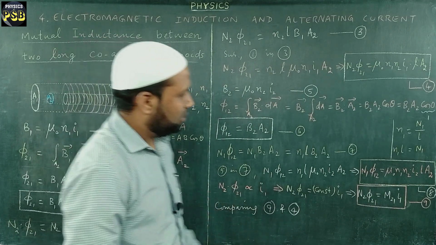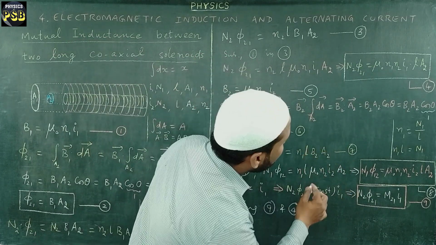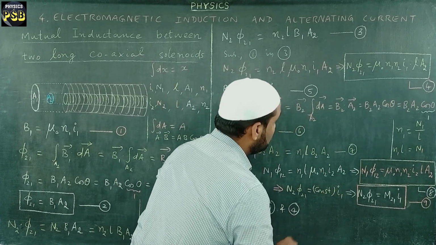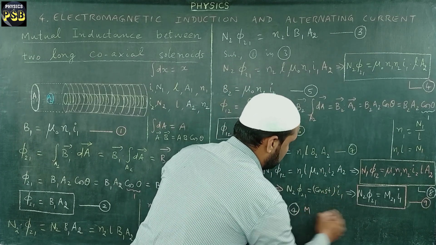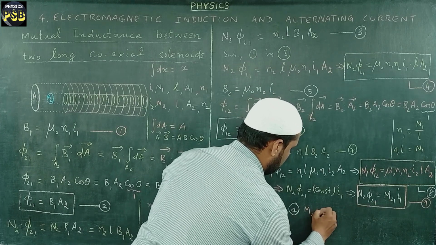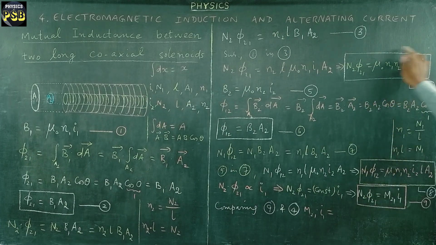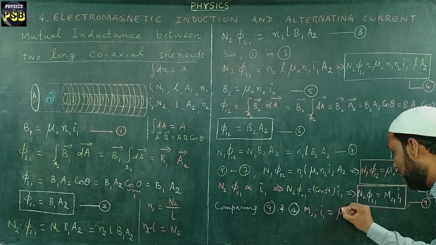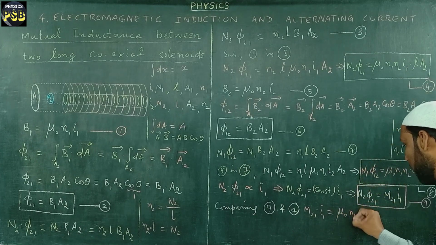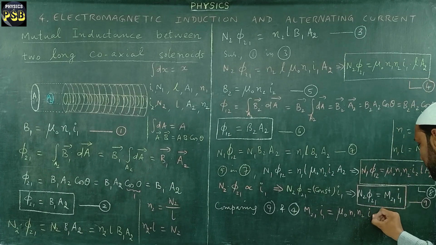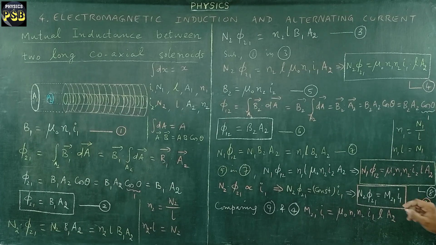So they are compared, and we get M2 1 multiplied with I1 equals the term on the right hand side of equation 4: mu naught n1 n2 I1 l A2.